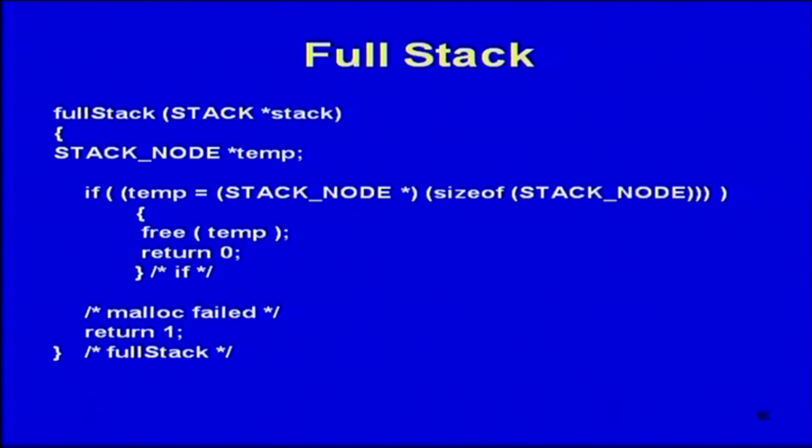So, this is a full stack. Remember that in a full stack condition we are checking whether there are nodes available for putting into the stack. If there are, then we are not saying full, otherwise we are saying full. This is not like an array implementation where we already allocate the size of the stack.